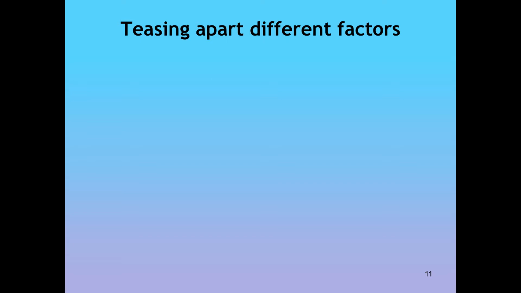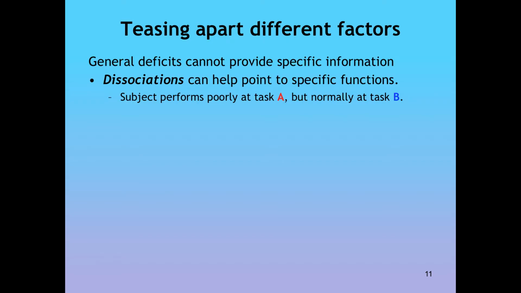So how can we determine what these brain regions do? Let's say you've got a person with brain damage. What kind of tests can you do? You can start with something called dissociations. And again, this is possibly something you've heard of in other psychology classes, but if not, I'll go over it. If so, I apologize.